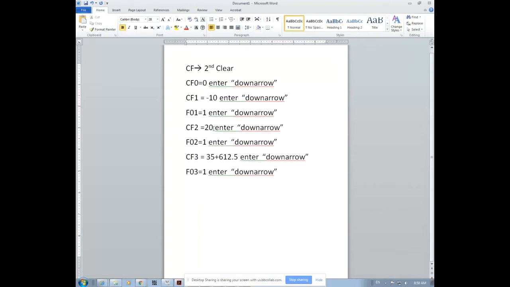So second cash flow 20, then repeat for once. Third cash flow 35 plus 612.5 equal to what, 647.5. Enter, downward arrow, and the last repeat also once.